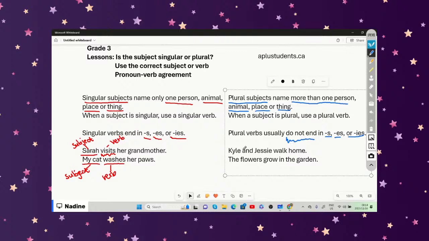For example, if we look at our plural subject, then it's Kyle and Jesse. These are two people that are doing something. So this is a subject. Kyle and Jesse is the subject, right?